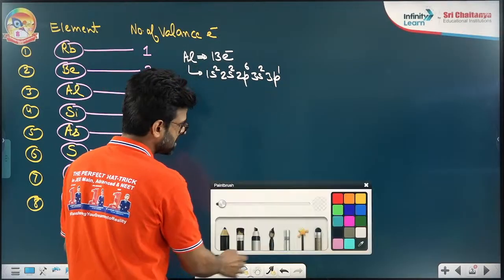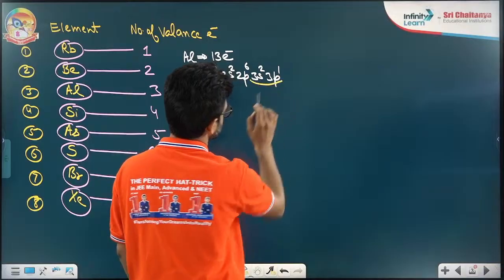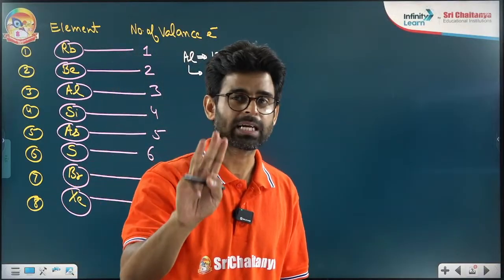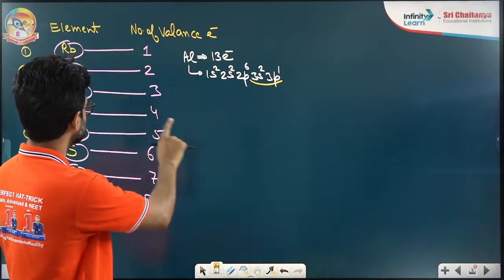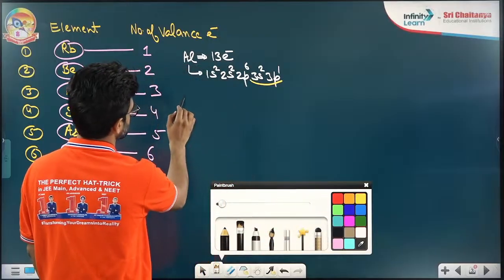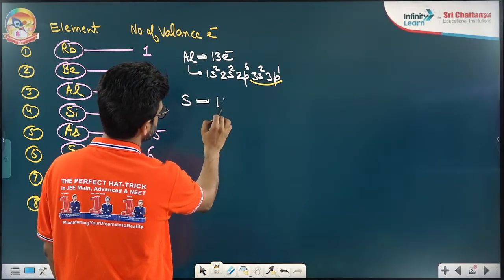So its valence shell is the third shell, and the third shell has how many electrons? 3 electrons. That's why its valence electrons are 3, right?